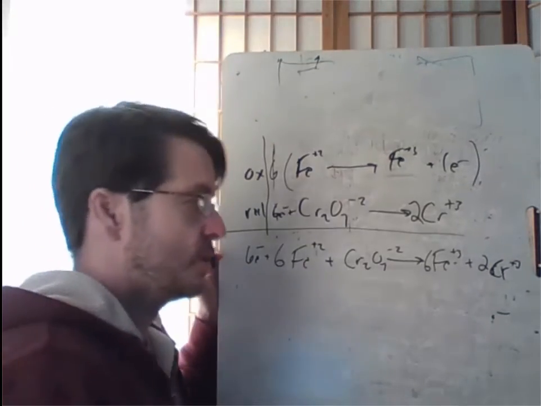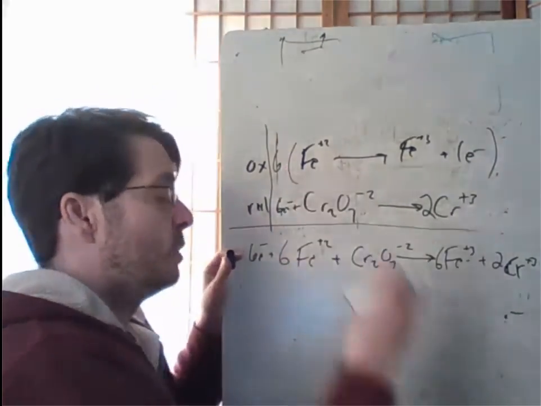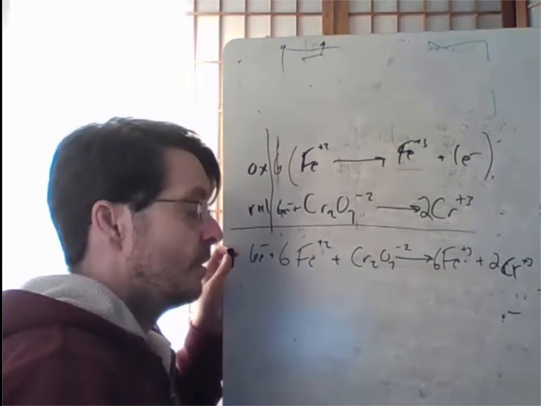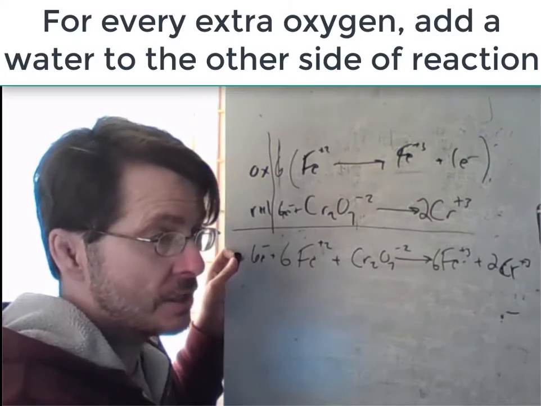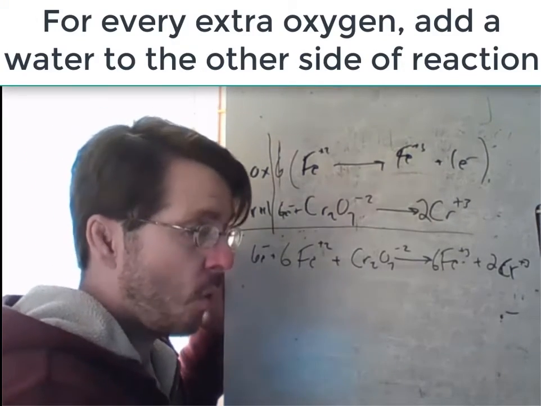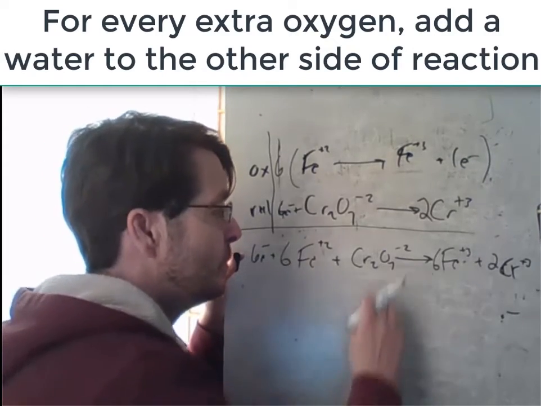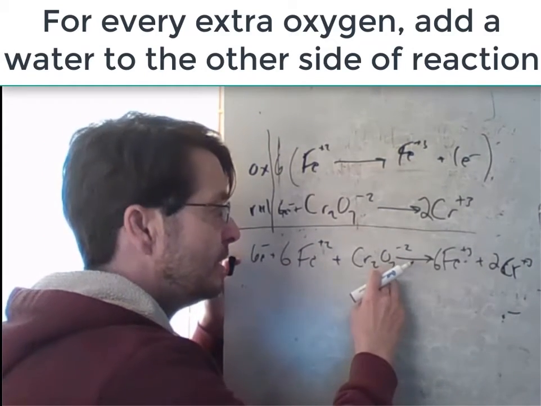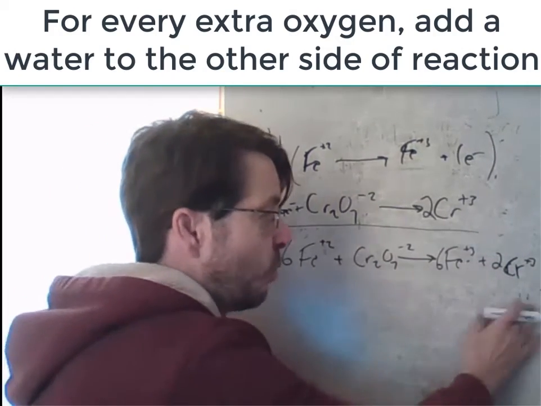All right? So, under acidic conditions, once you've balanced your elements, once you've balanced your electrons, the next step is balancing extra oxygen by adding water to the opposite side. So the oxygens are here, those oxygens are not here, and so we add waters.